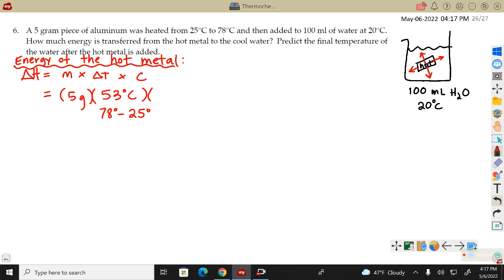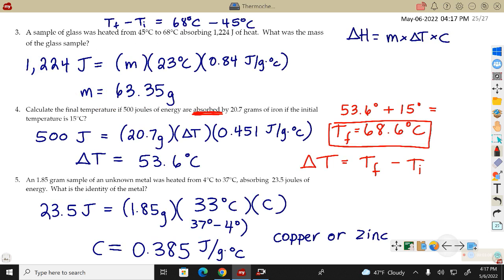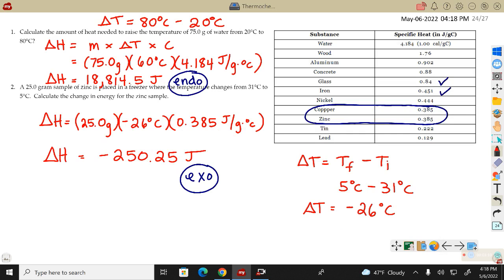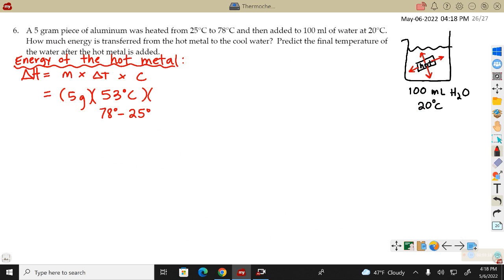Now, if I know this is aluminum, I can just look up the specific heat on this table. Here it is, aluminum, 0.902. That's a constant. You'd always be given the chart. 0.902 joules per gram degrees Celsius.